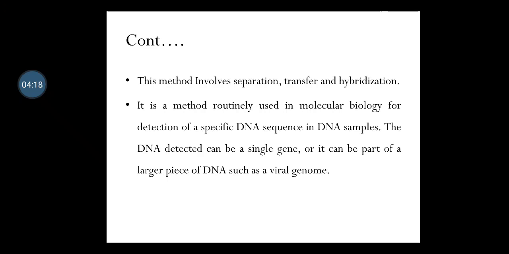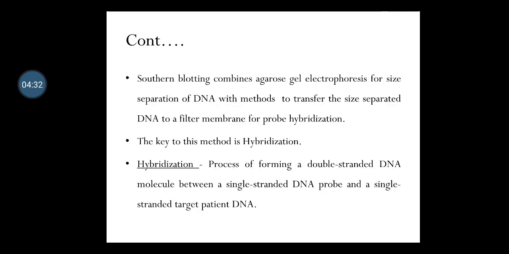The DNA detected can be a single gene, or it can be part of a larger piece of DNA such as a viral genome. Southern blotting combines agarose gel electrophoresis for the size separation of DNA with a method to transfer the size-separated DNA to a filter membrane for probe hybridization.